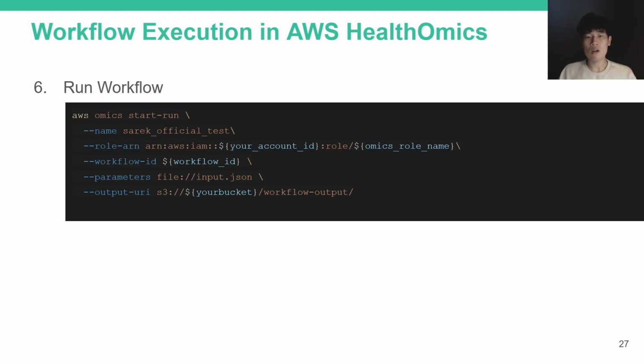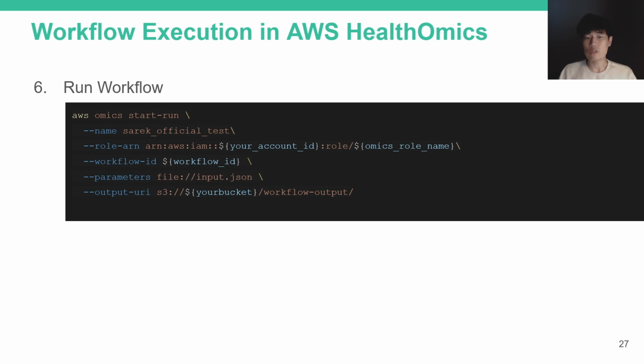And now one more big important part is the --output-uri parameter. As you remember, our input JSON file has a parameter called outdir with the value /mnt/workflow/pop_dir. And here's how they work together.